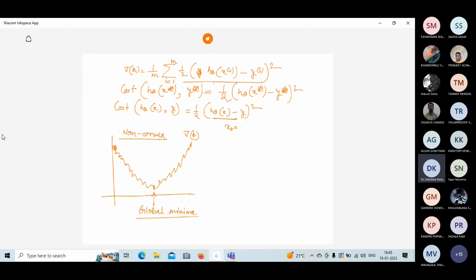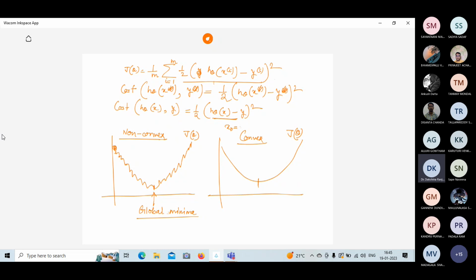So we have to get rid of this problem so that we can get a smooth convex curve like this. J theta should become this convex curve, which will look like this.